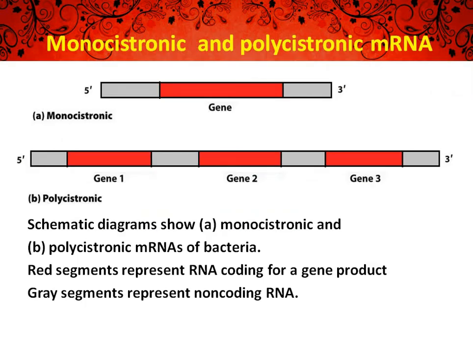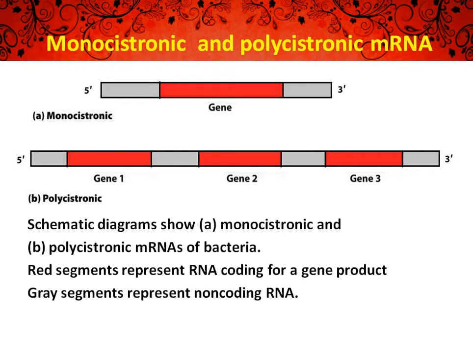Now, depending upon the number of coding regions a messenger RNA carries, we have two types of mRNAs, monocistronic mRNA and polycistronic mRNA. If an mRNA contains a coding region for a single gene, then we call this a monocistronic mRNA.